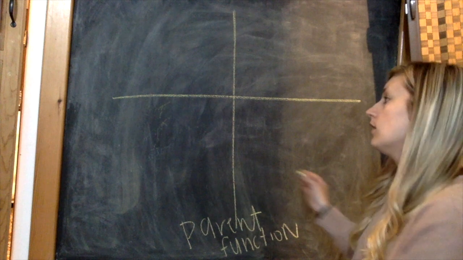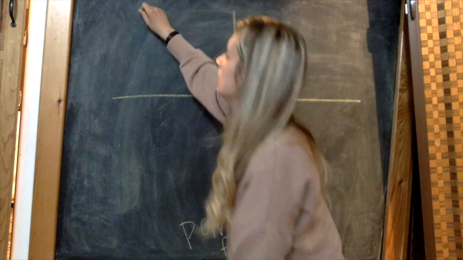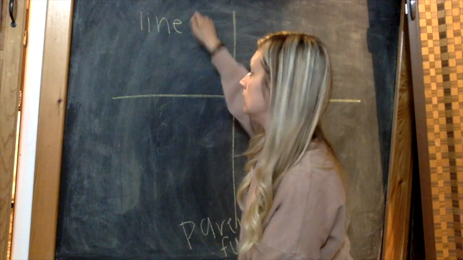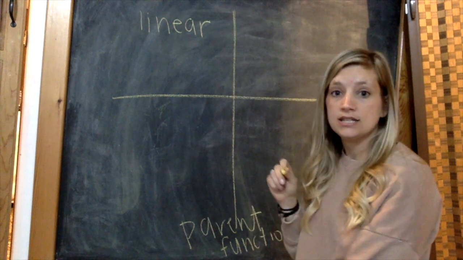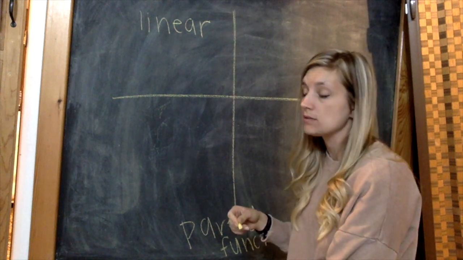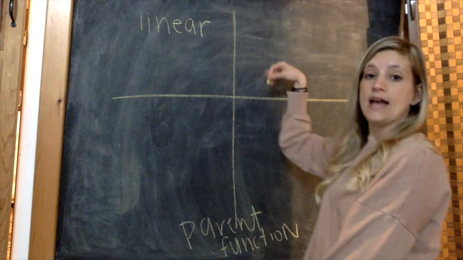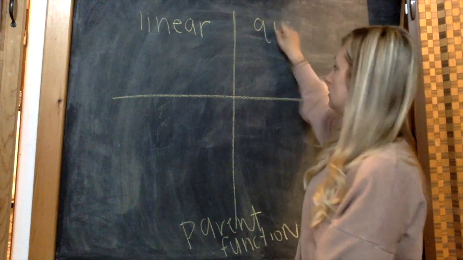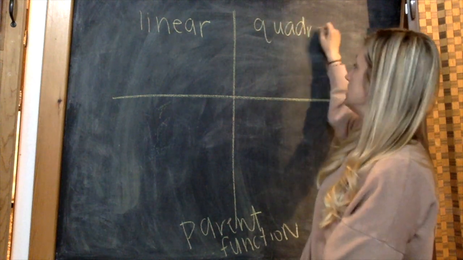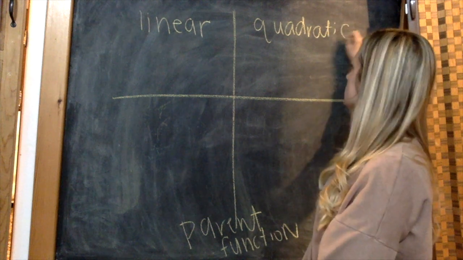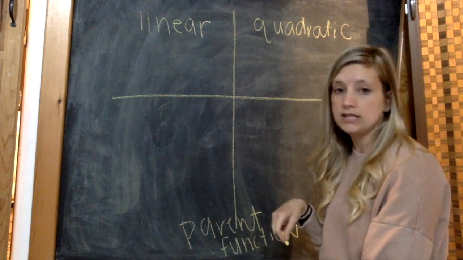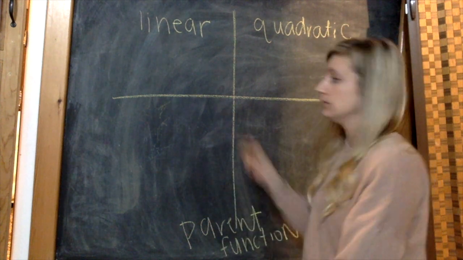So there are 4. The 4 are, we have linear, which, hint, hint, we did y equals mx plus b. We have quadratic, which we definitely did. That's what we've been working on for the past several weeks. We have absolute value.